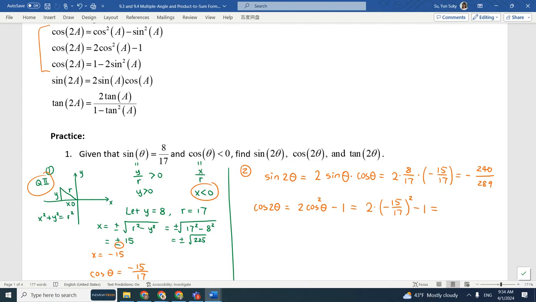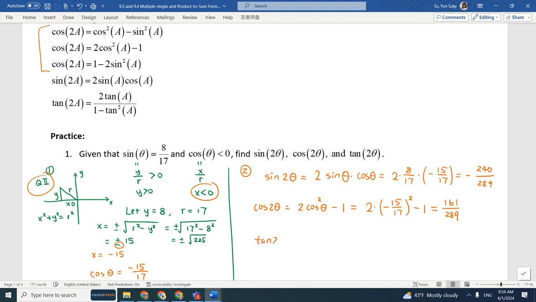When I press this button, it gives me all fractions. Okay. So yeah. Right. Okay. So what do you get? Thank you. So this is sine 2 theta and cosine 2 theta.